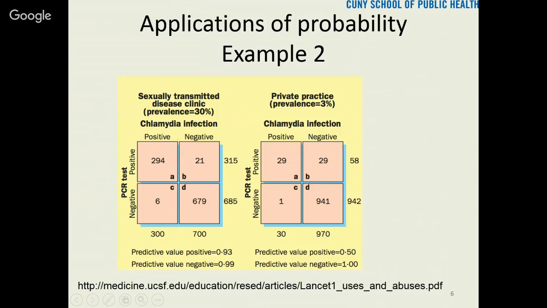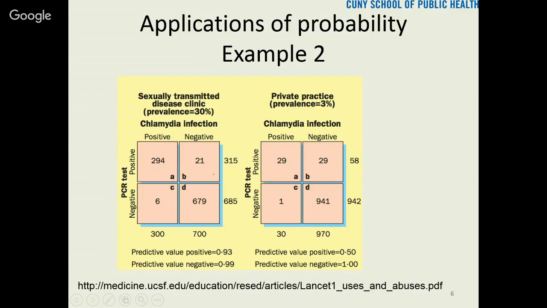So properties, and here we have the data. We have positive and negative in the columns. These are from our gold standard. So this is some follow-up where it was determined absolutely whether these individuals have chlamydia or not, and then the results from our screening test.